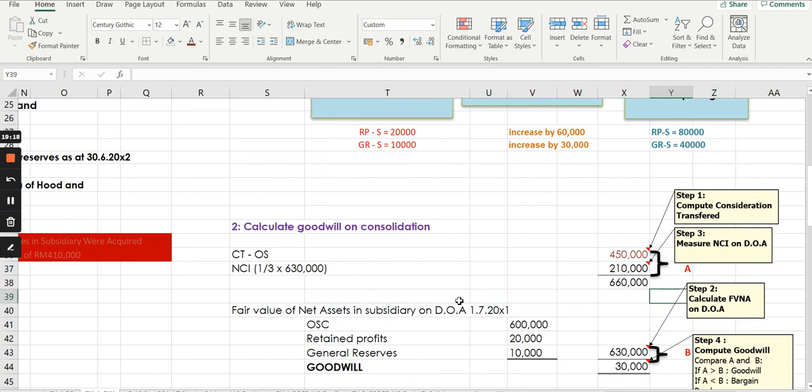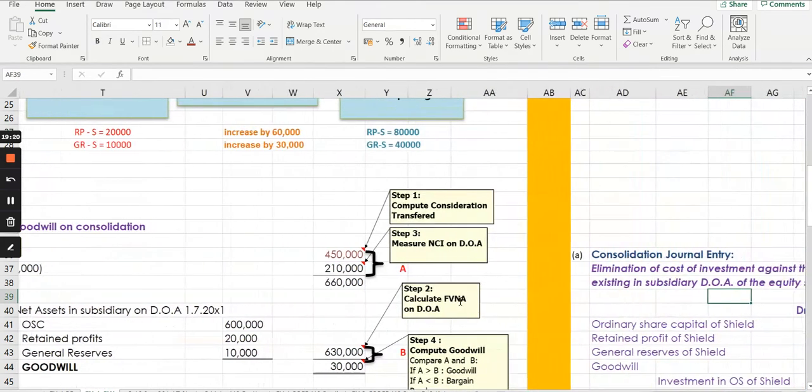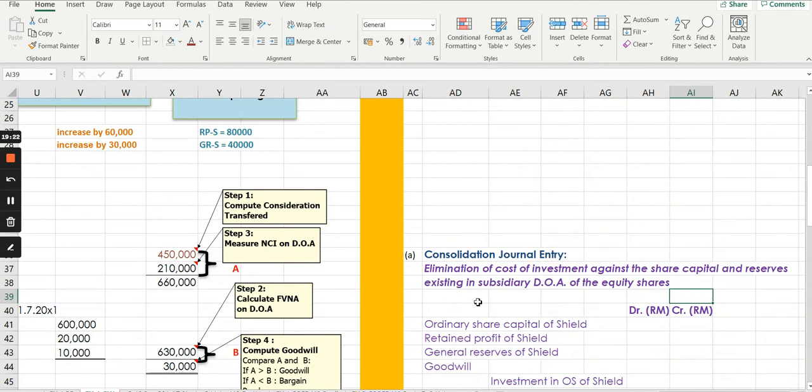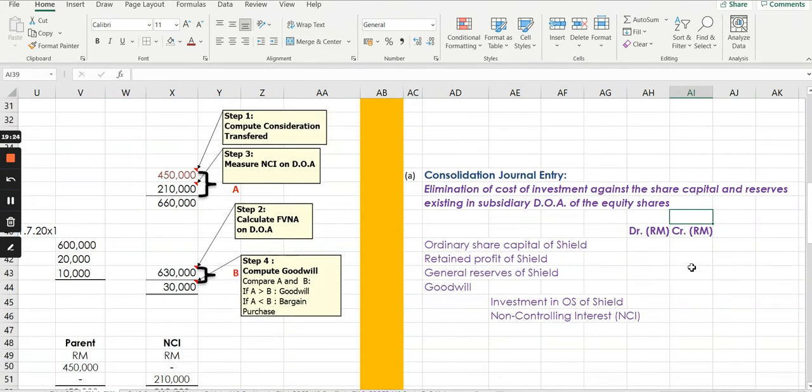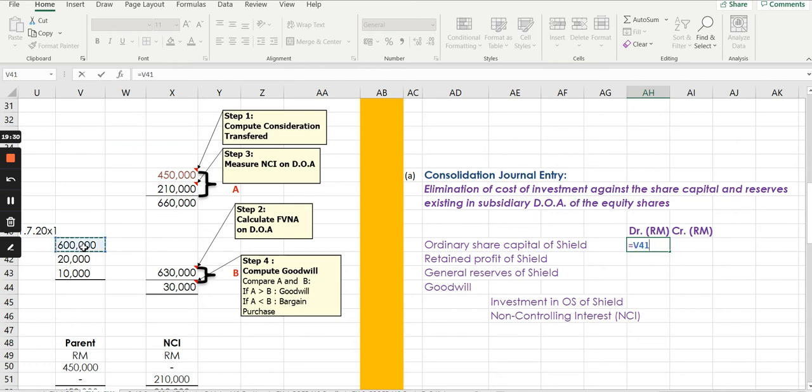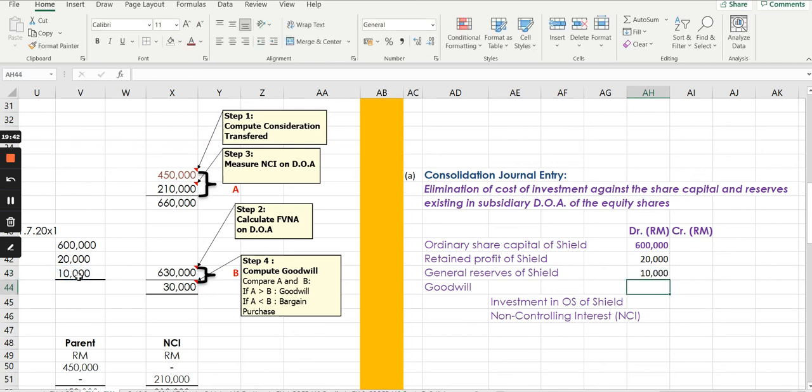Let me just reveal it for you, where what you will do is eliminate the fair value of the net asset, which is the share capital, and then the retained profit and your general reserve. I'm just taking from the cell there.